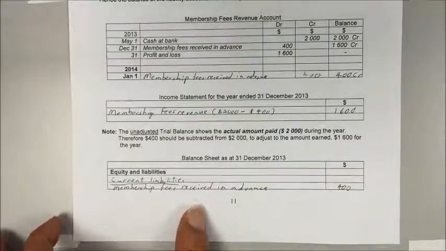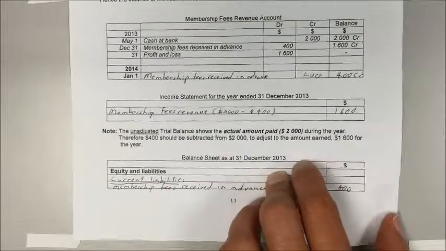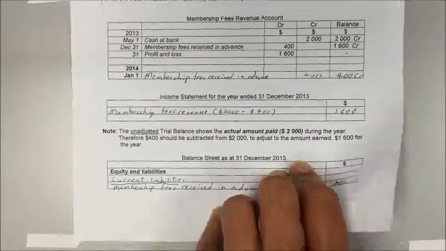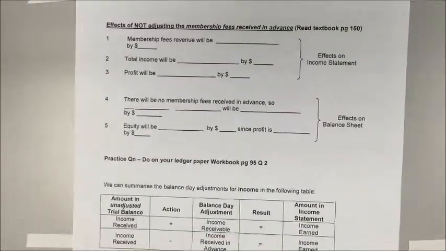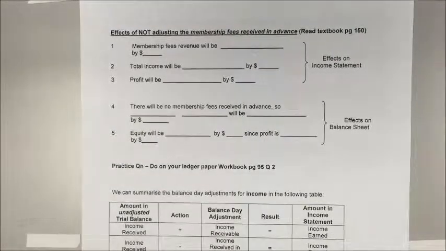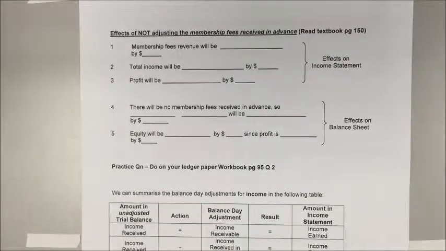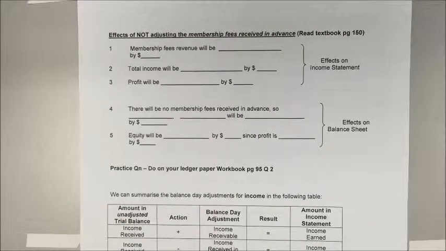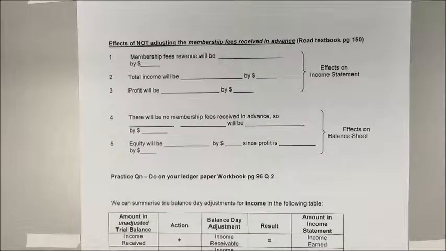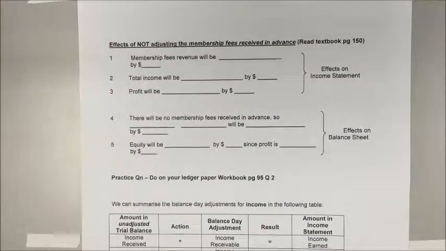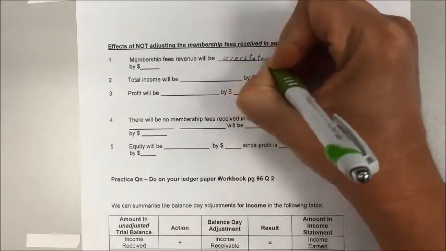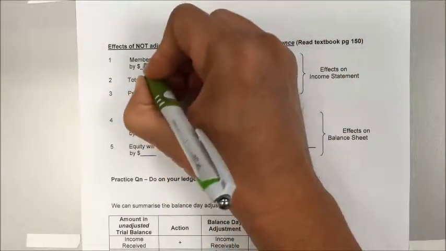So what are the effects of not doing the balance day adjustments for the income received in advance? Using the above example, you can see that the membership fees, which is under income, will now be overstated by $400.